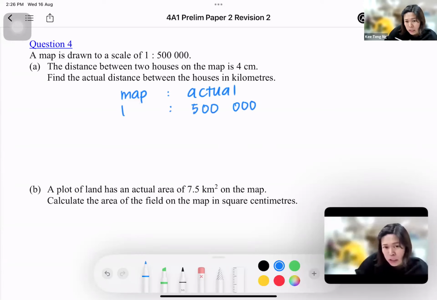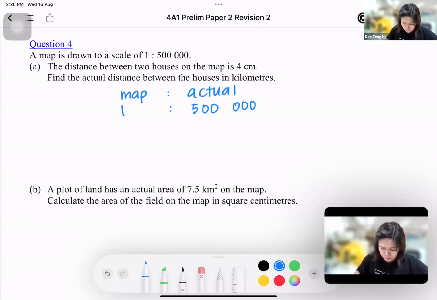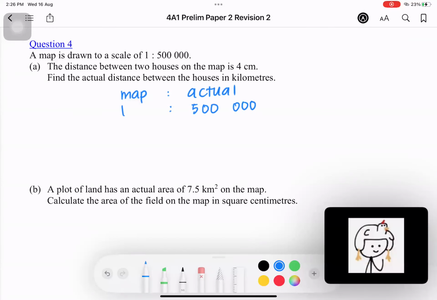Some types of question they give units, sometimes they don't. So when they don't give the units, what is the starting unit that we should begin with on both sides?